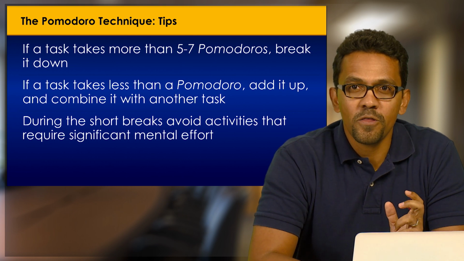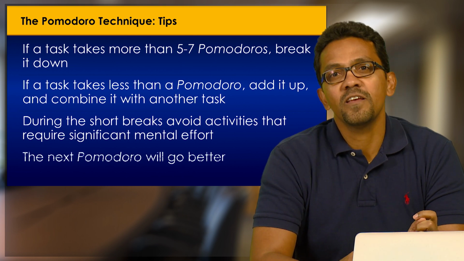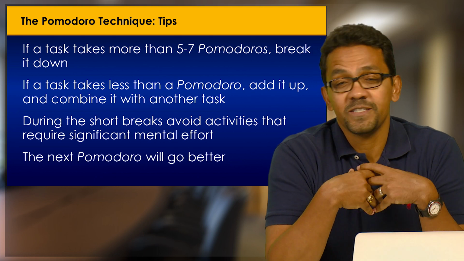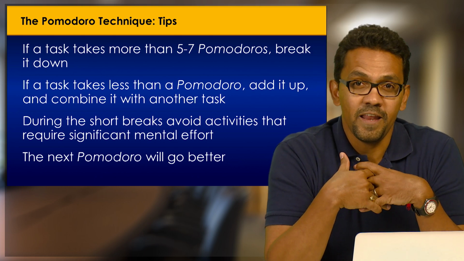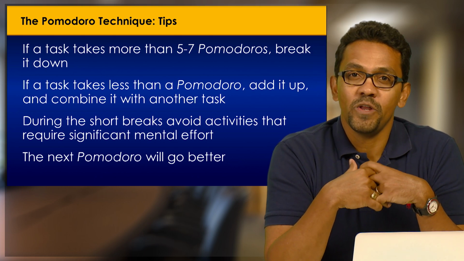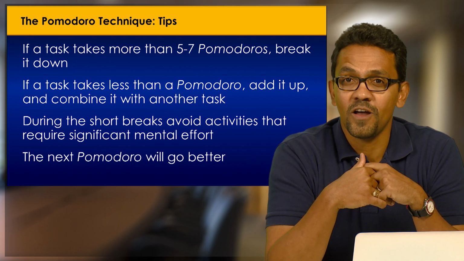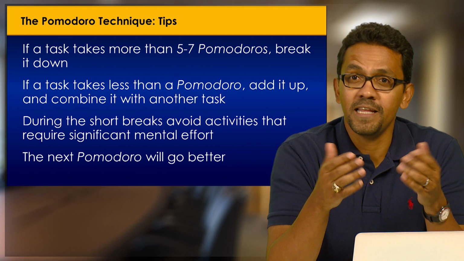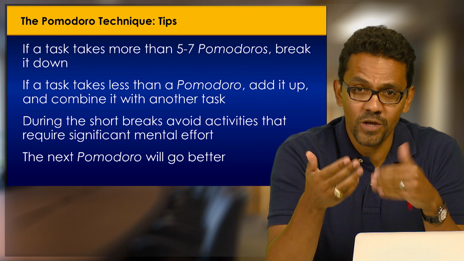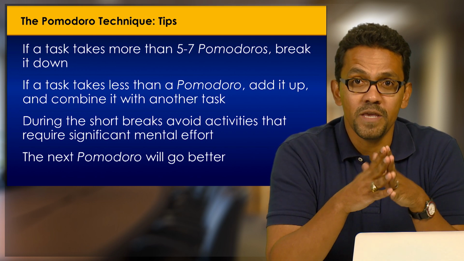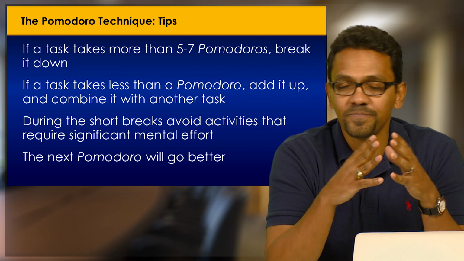And finally, this is an empirical process, similar to what we do in any Agile methodology. We're going to have retrospectives. We need to think about what is working, what is not working, and keep in mind that the next Pomodoro, the next iteration, will go better.